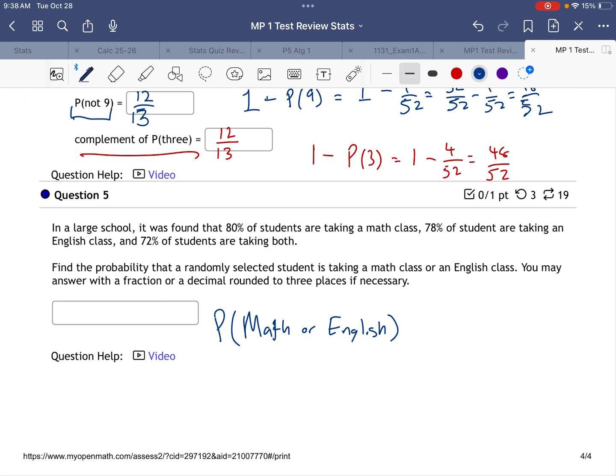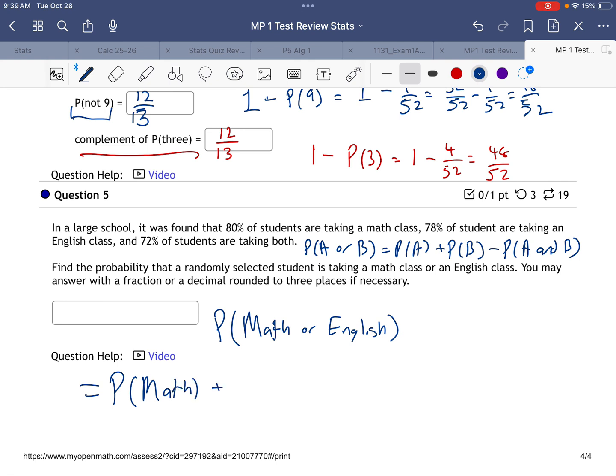If there's this overlap here, we need to use that rule for probability. The general rule is the probability of A or B is equal to the probability of A plus the probability of B, and then we take away the overlap, the probability of A and B. So this is equal to the probability of math plus the probability of English, and then we're subtracting the probability of math and English.